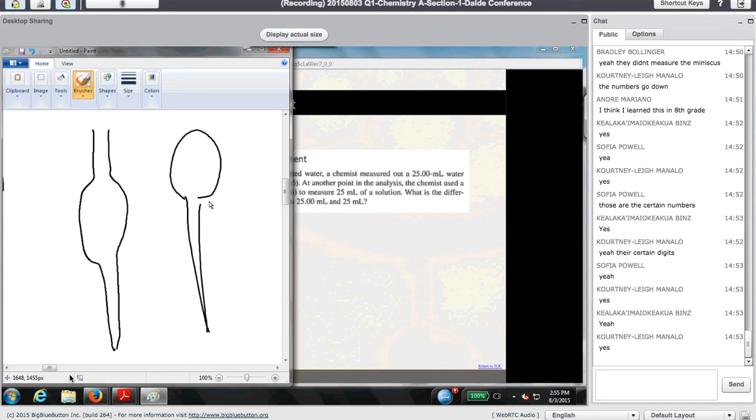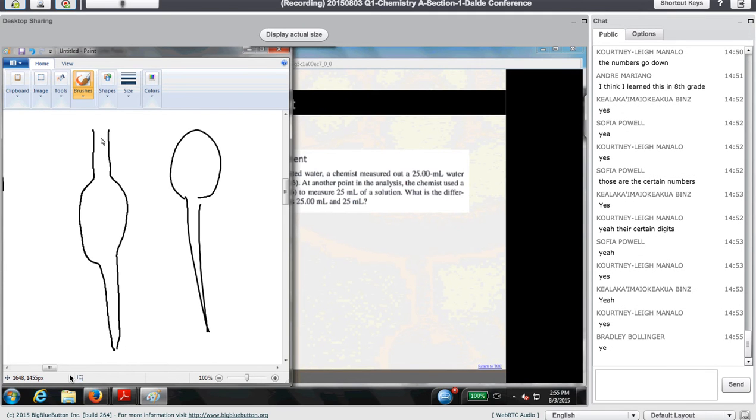This one's the one where you suck up the liquid over here, and then you use your thumb and drop it down to the line. That's old school, and people don't like sucking liquid up inside because if they're talking about chemicals, you accidentally swallow, and then you die.